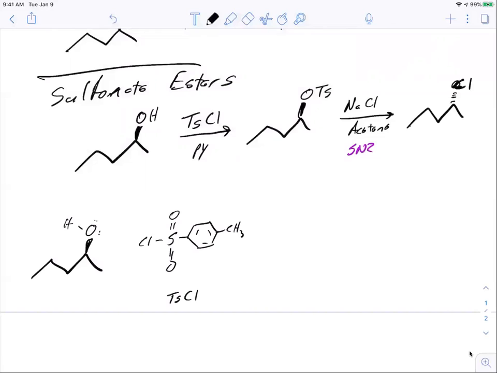Okay, so the TsCl is this sulfonic ester with a toluene on it. So we call it a tosylate or a tosyl chloride.